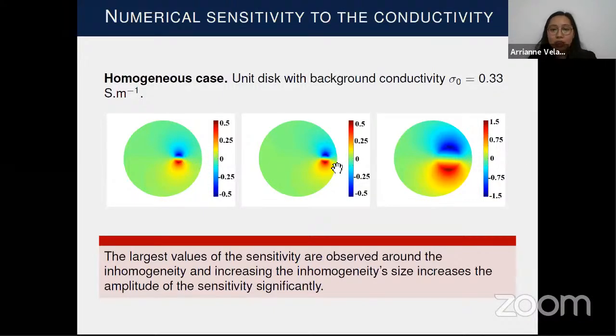If the perturbation is near the boundary, voltages at the electrodes near the inclusion also have relatively larger sensitivity values. And if we have a larger perturbation, we get relatively larger sensitivity values, and the number of electrodes affected by the perturbation also increases.